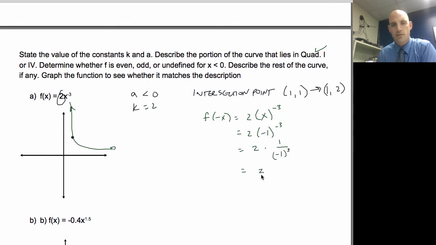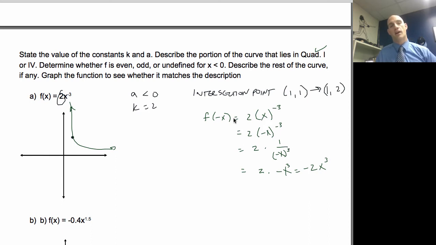So it's 2 times negative 1 cubed would give me negative 1, so this is negative 2x cubed.